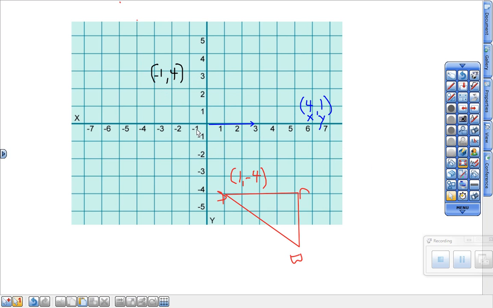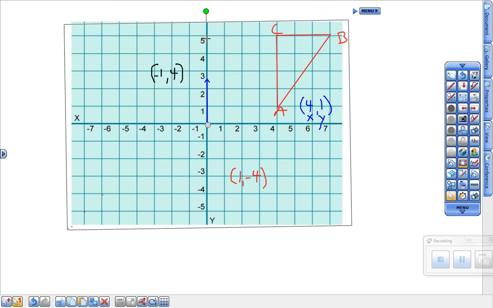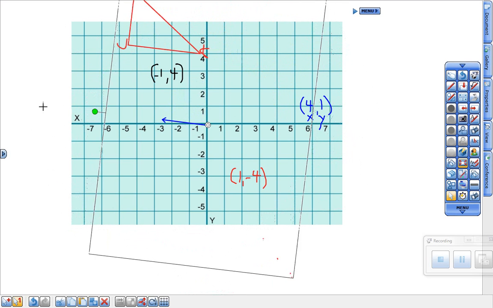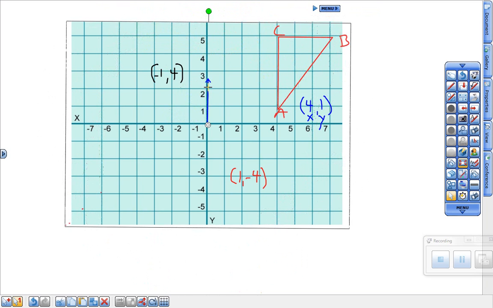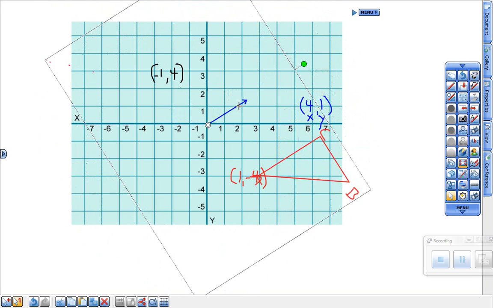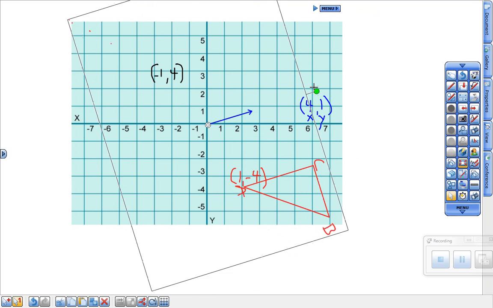A 90 degree turn to the right gave me the flip-flop, but the y coordinate is negative. Happens every time. So 4, 1, 90 degrees to the left became the flip-flop, x negative, -1, 4. 90 degrees to the right gave me the flip-flop of that, 1, with the y coordinate made negative. Works that way every single time.